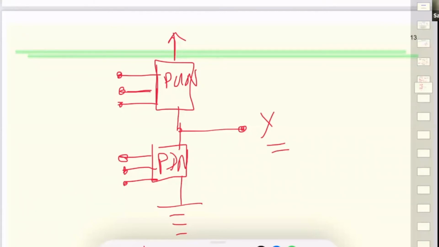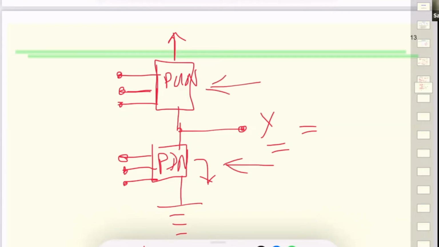And when the gate is high, that is when we will get the pull-up network working, resulting in this being low in that case. So in the PDN, they are comprised of Nmos, and these are comprised of Pmos.